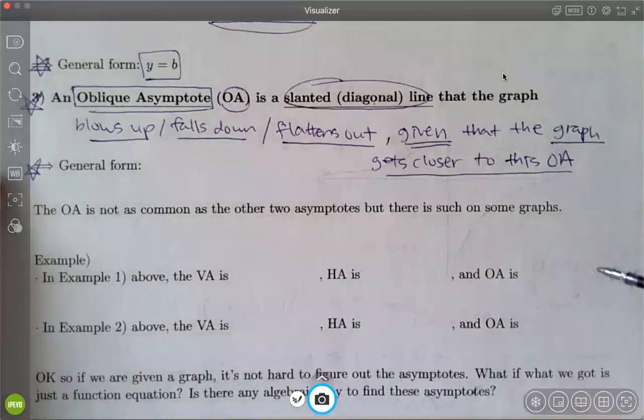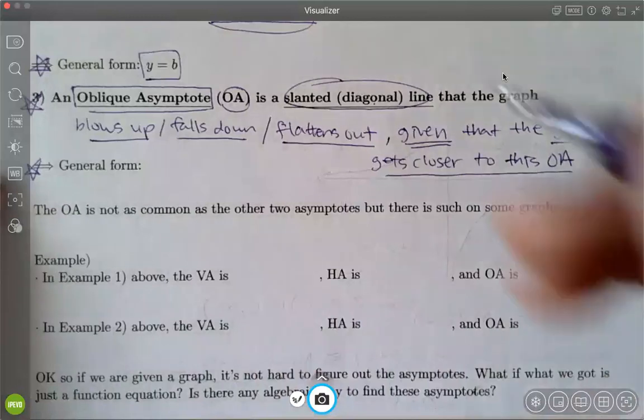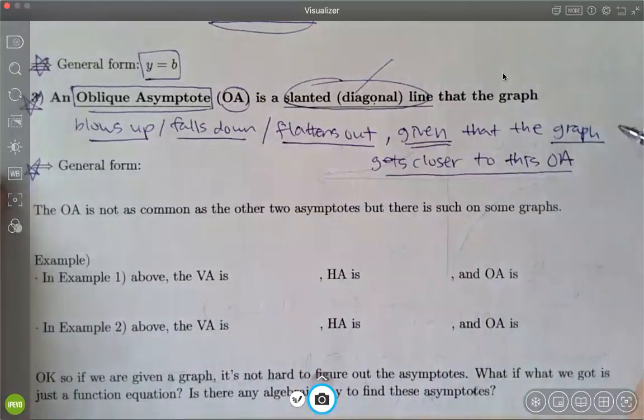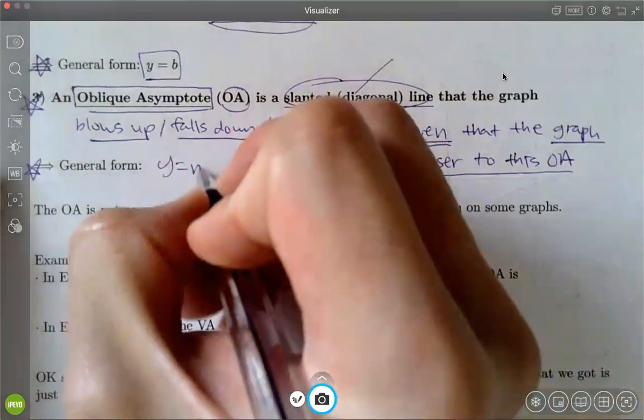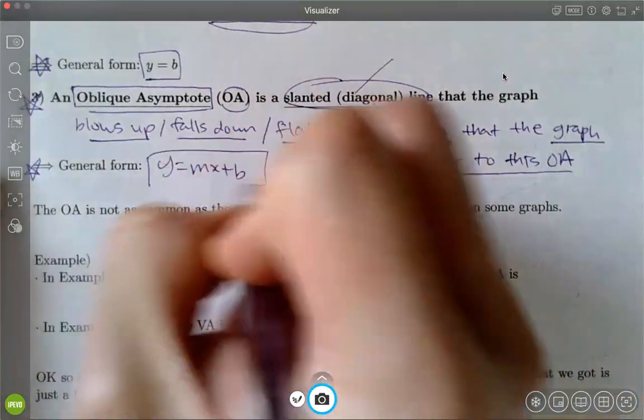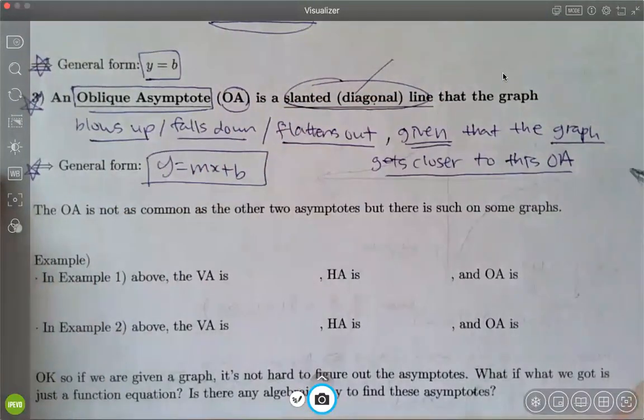Maybe think of something like this. y equals mx plus b, yes, which is the slope-intercept form, right? So it's the equation of any general line. That has to be the equation for the OA.